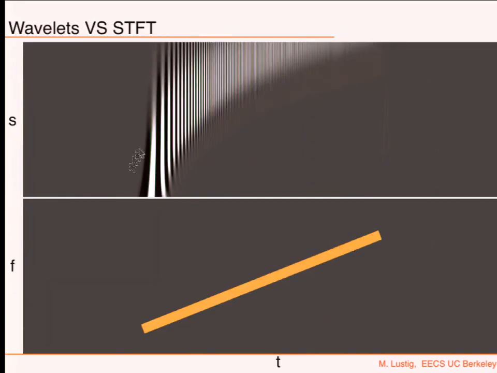So the difference between the two would be something that looks like this and something that looks like this. Yeah, we don't have very good frequency resolution in the high frequency. But we can see how things are changing in time. That's always the trade-off. We won't be able to distinguish between a high frequency and a slightly higher frequency.